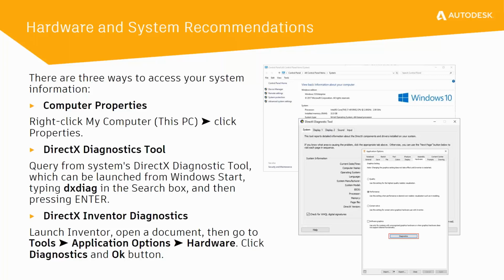Another way of doing this inside of Inventor is to open the diagnostics area. This can be done under Application, Options, Hardware by clicking the diagnostics icon down there and hitting the OK button. This will give you some diagnostic information that can be used to help problem solve potential issues that you might be having as well.